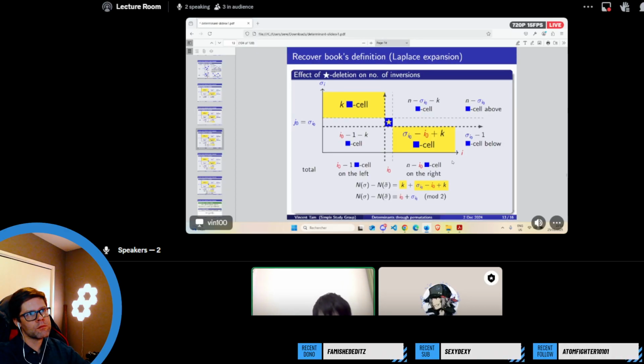It turns out that this number is i0 plus sigma i0, mod 2, okay. So I do some really basic arithmetic to arrive at this formula. So after star deletion, the sign change would be like this.